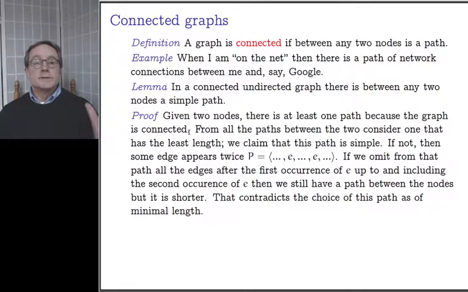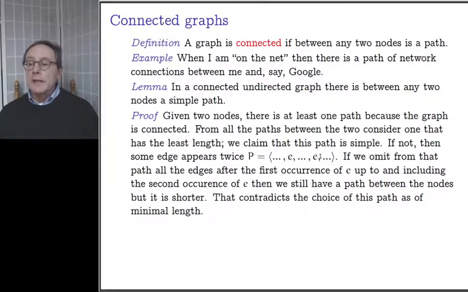And now imagine that there's more than one path. From all the paths between the two, even if there's only one path, consider one that has the least length. So if there's a path of length 12 and a path of length 11 and a path of length 8, take the one of length 8. We claim that this path is simple. So if the path is not simple and some edge appears twice, well, wait a minute now.